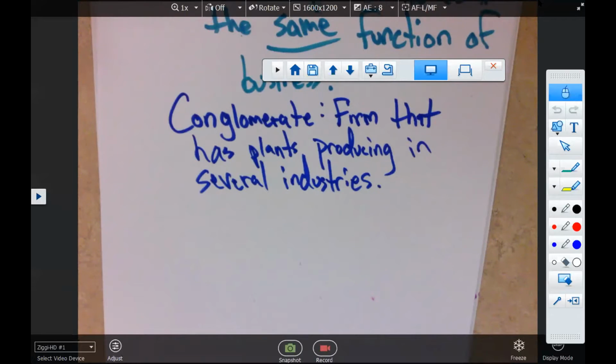They produce lighters. They produce other stuff like that, right? So they're in several industries. So we would almost put Unilever as a horizontally integrated firm, and then Procter... No, Procter & Gamble would be both of them. Yeah, would be both.